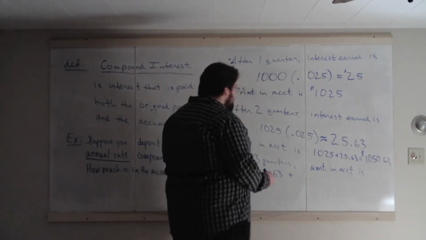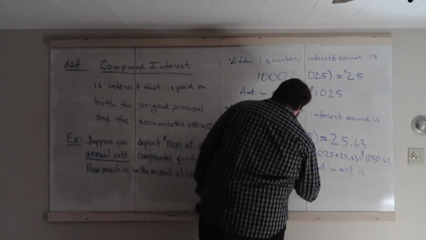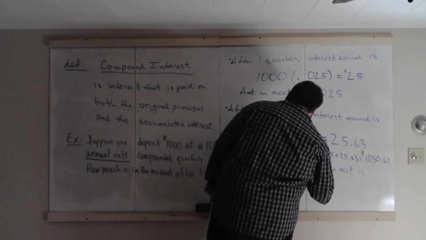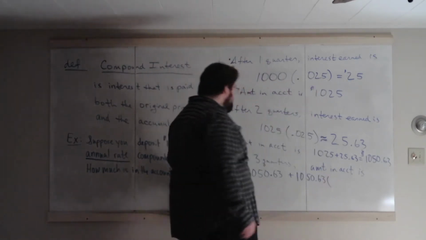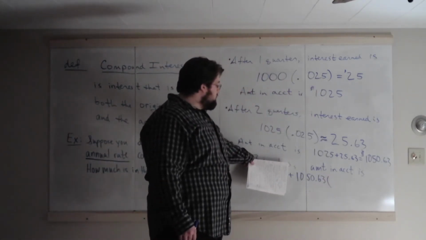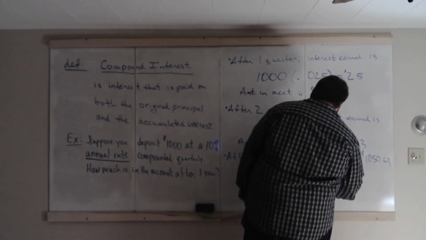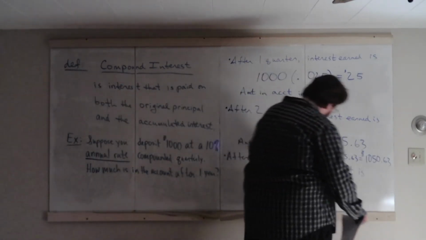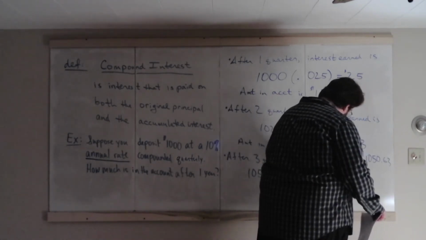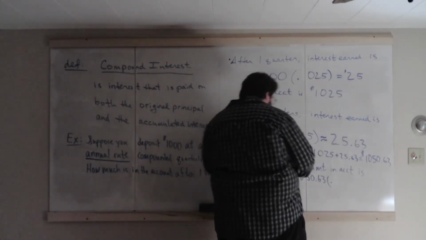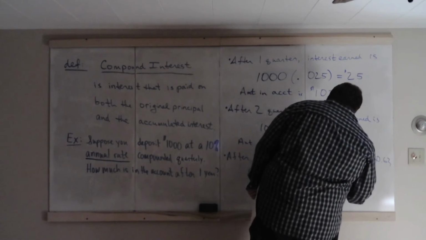But then we have to add on the interest earned during quarter 3. So the interest earned is still going to be that times the quarterly rate, 0.025.